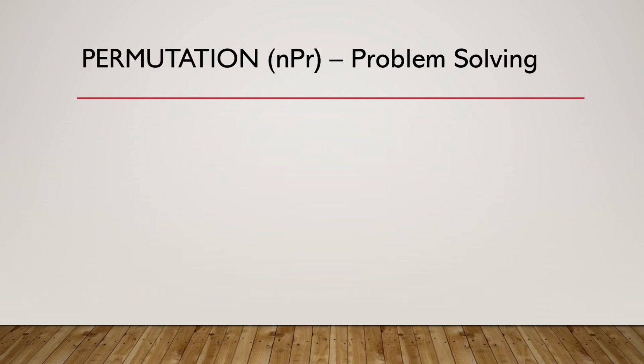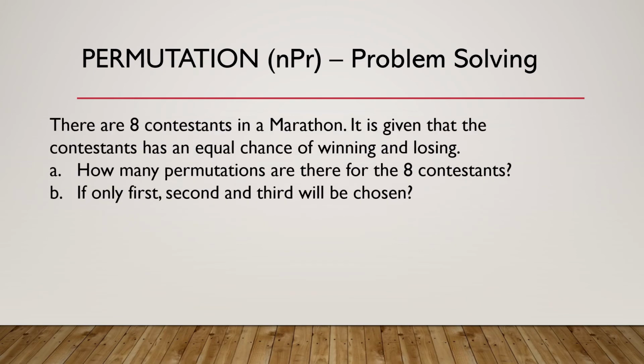Now let's apply this to problem solving. There are 8 contestants in a marathon. It is given that the contestants have an equal chance of winning and losing. How many permutations are there for the 8 contestants? We are going to arrange all 8, so that is 8 taken 8.